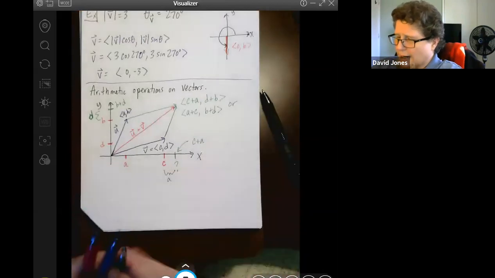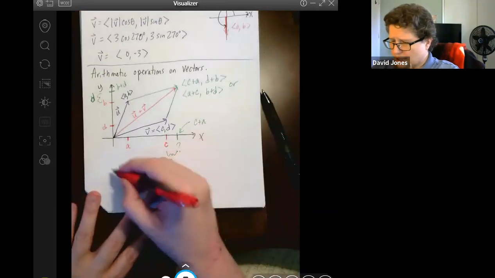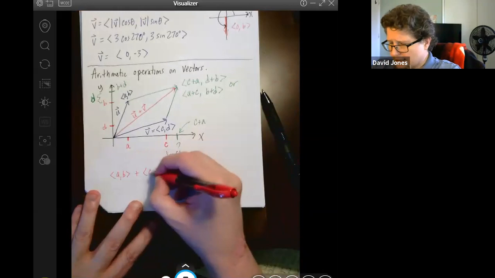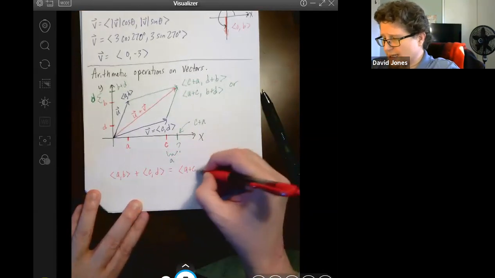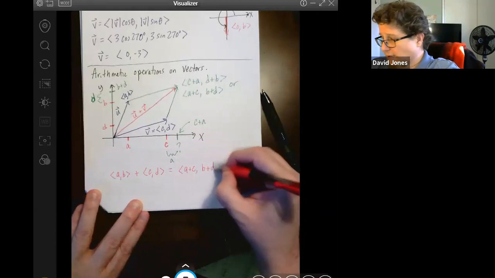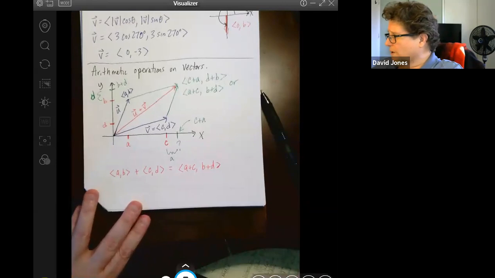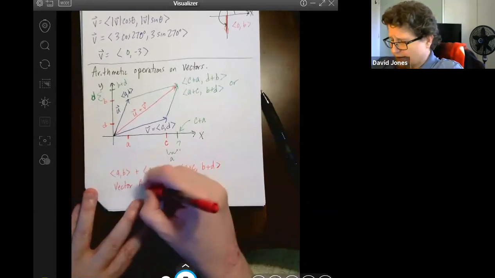So what just happened there? Those are our coordinates right there. It looks like A comma B vector plus C comma D vector equals A plus C comma B plus D. In this form, vector addition, we add the individual components.